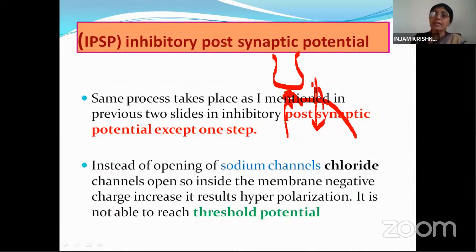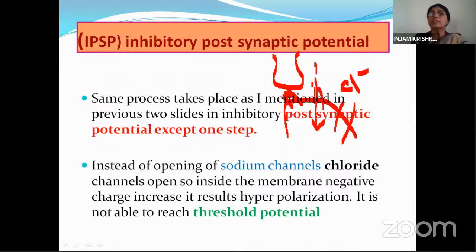But here, the sodium ion channel is not opened. Instead, another ion channel has opened. What is that? It is the chloride ion channel. The chloride ion channel has opened.